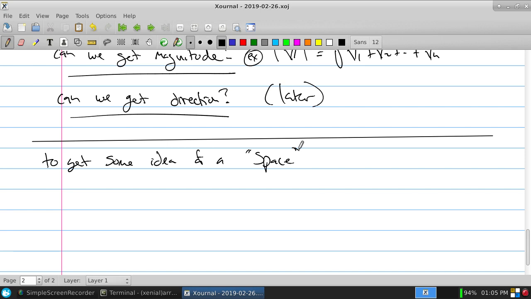So it's this room. I can put a coordinate axis in this room. I can draw arrows that are going from my feet to the door. There's an arrow that represents that, and that would be a vector. So it's this space that I'm operating around and moving through.